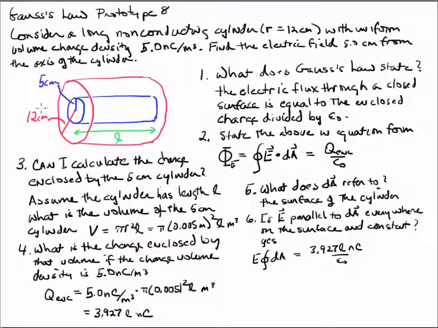So now we can write E times the integral of dA, where I have gotten rid of the vector sign since E and dA are parallel, is equal to 3.927 L nanocoulombs over epsilon naught. What is the integral of dA? Pause the video, think about what that question asked, and if you have the answer to that question, then restart the video.